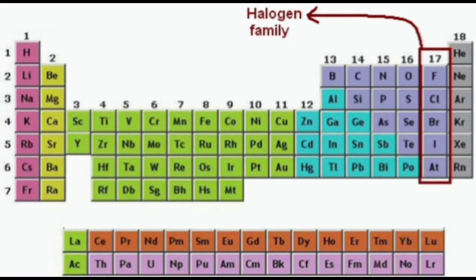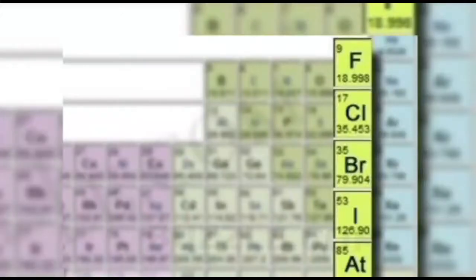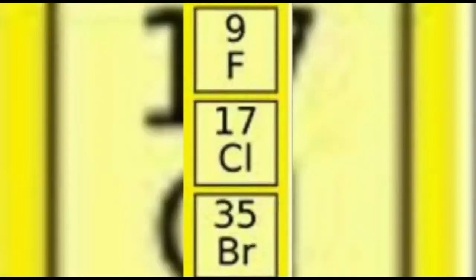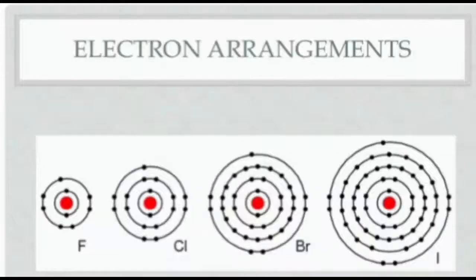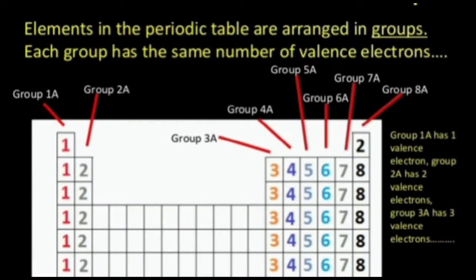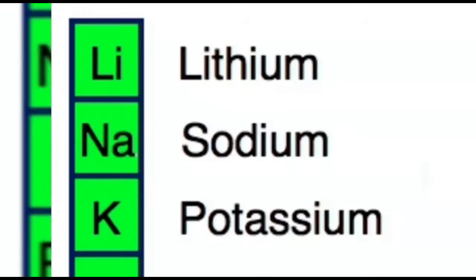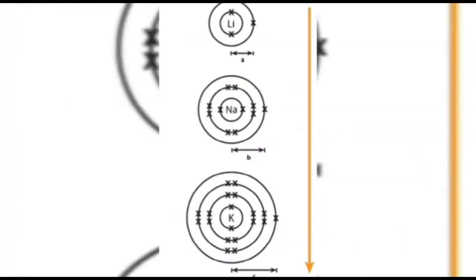In group 17, let's take the first 3 elements: fluorine, chlorine, bromine. Let's see their electronic configurations. Observe closely. All 3 of them have 7 electrons in their valence shell. So, from this, we know that all the elements present in a group will have the same number of valence electrons. We should also notice that the number of shells increases as we go down the group.